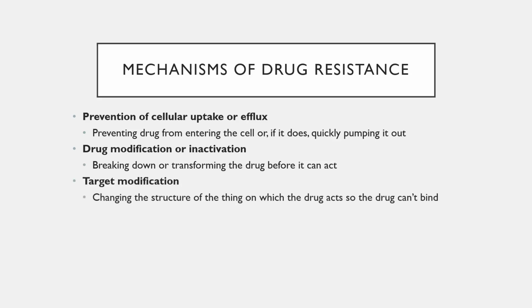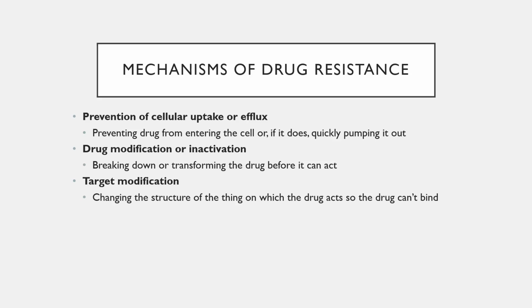Target modification describes another resistance mechanism wherein the microbe evolves a different structure for the enzyme or the compound on which the drug normally acts. And this prevents the drug from binding to, attaching to, and targeting that structure.